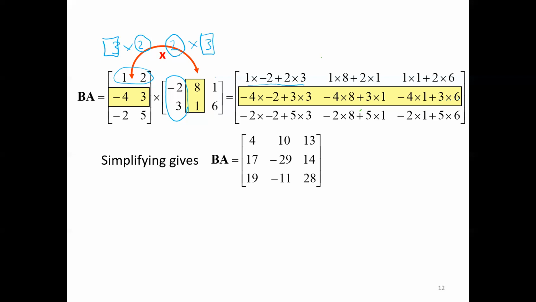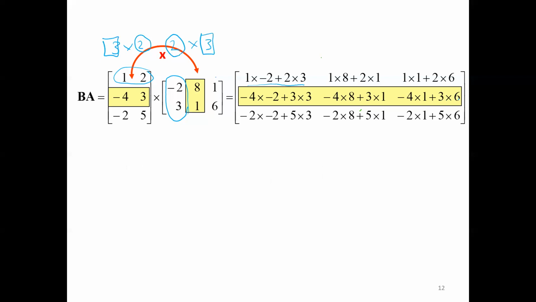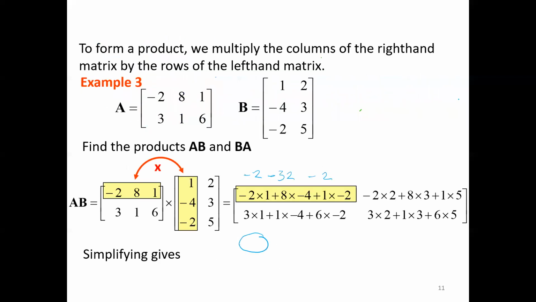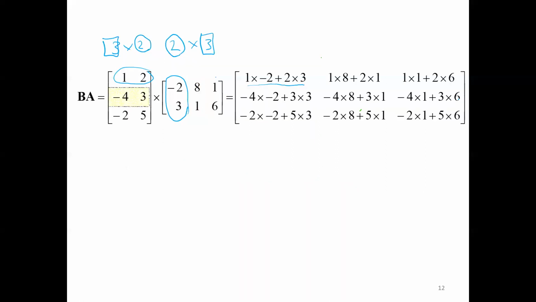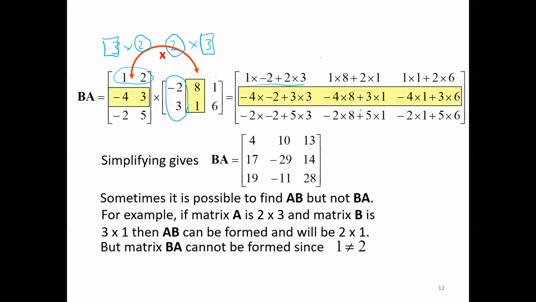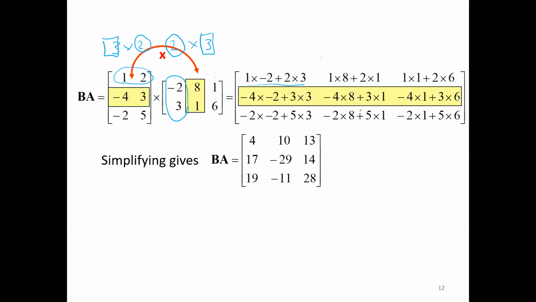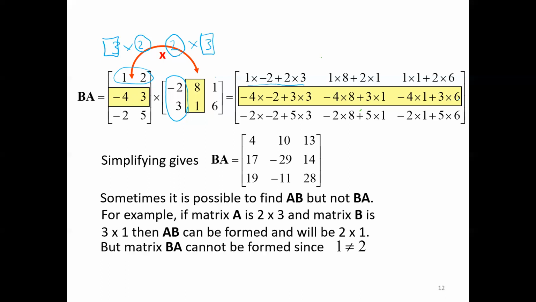You can see BA is different from AB. AB was 2 by 2, and BA is 3 by 3. So they are different. Sometimes it's possible to find AB but not BA. This note here is very important for you to know and remember.